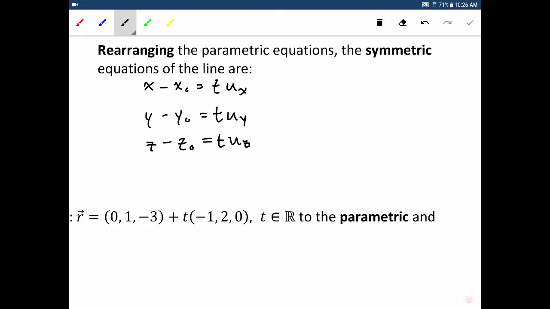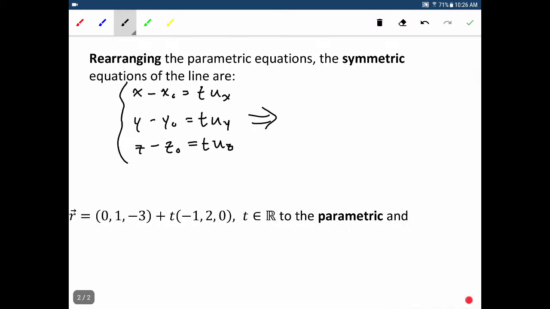And what I can then do is redo that again, and get that x minus x0 over ux is going to equal t. The same would be true for y, which also gives me t, and the same is true for z.